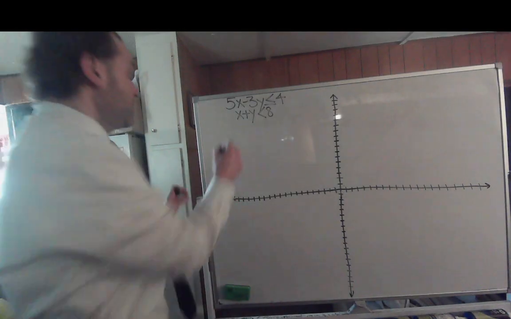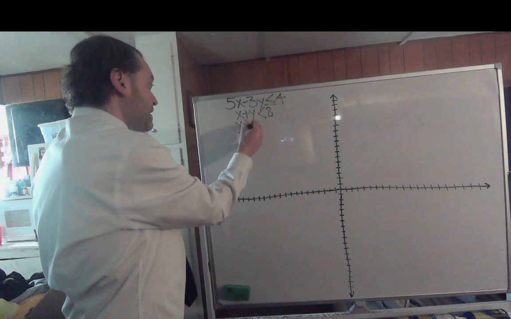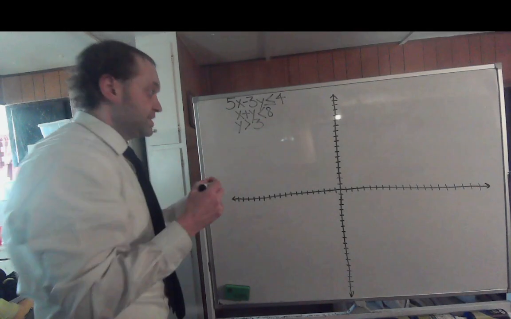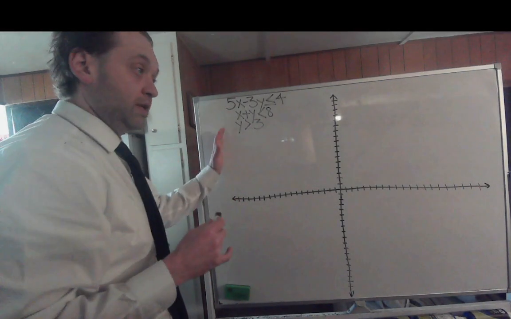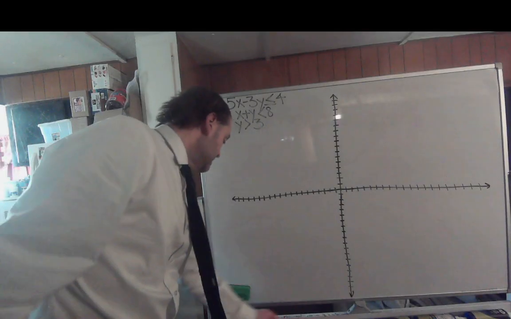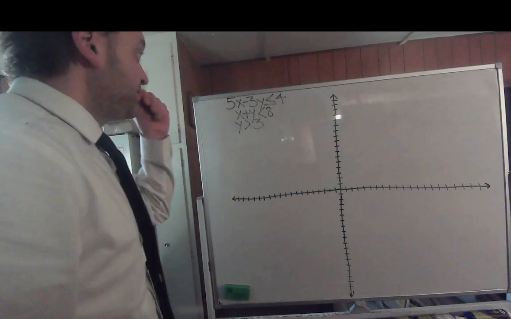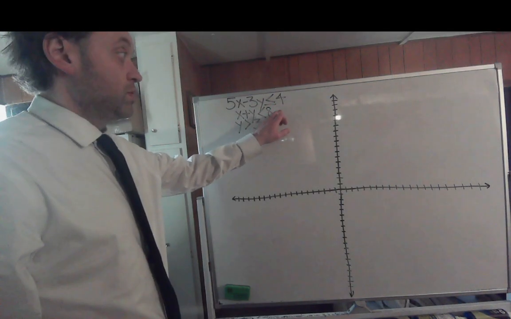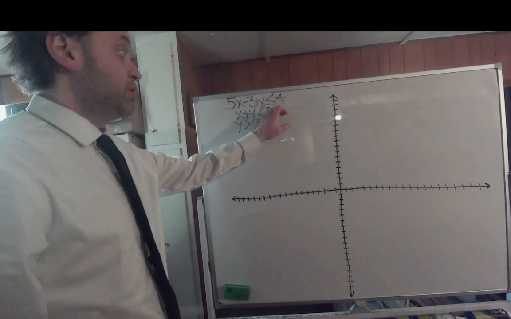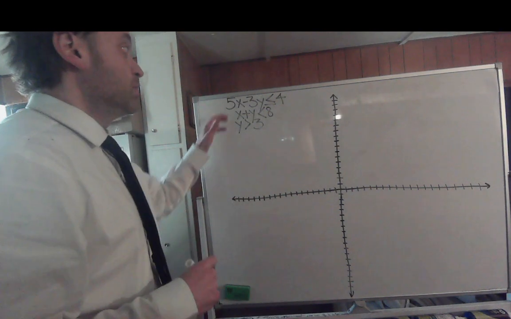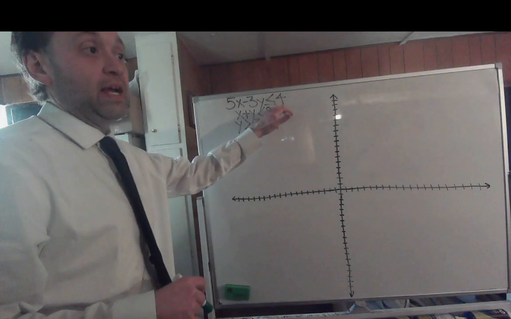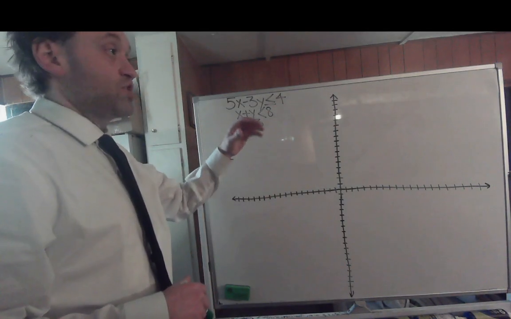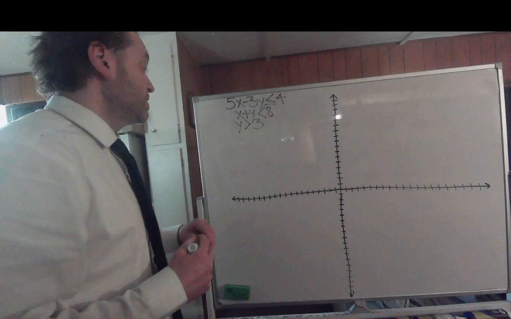And then we have that y is greater than 3. All right, so there are your inequalities. So let's start with 5x minus 3y is less than or equal to 4. Since it has the equal to component, you will have a solid line going through 5x minus 3y equals 4, which would actually make that line part of your solution.